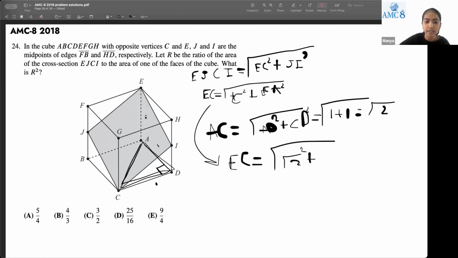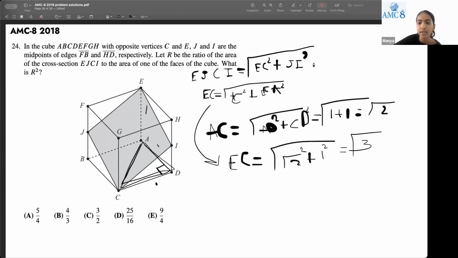EA is also equal to 1 since it's a cube, and all of the faces, all of the edges, and all of the angles are the same. So that means EA is also equal to 1. So now EC would be equal to, well, the square root of 2 squared is going to be equal to 2, and 2 plus 1 squared would be equal to 3. So then EC would be equal to the square root of 3.